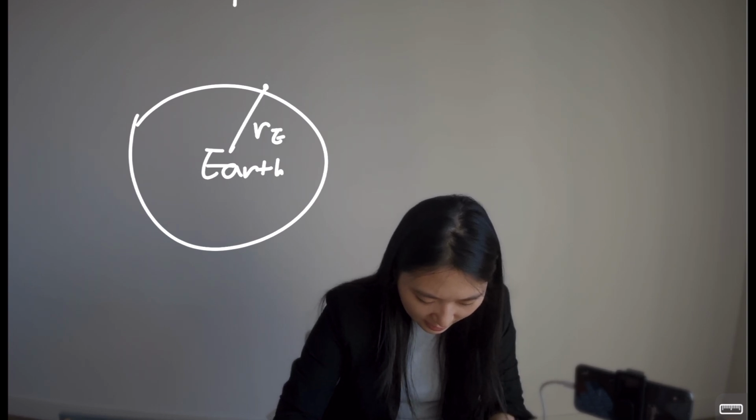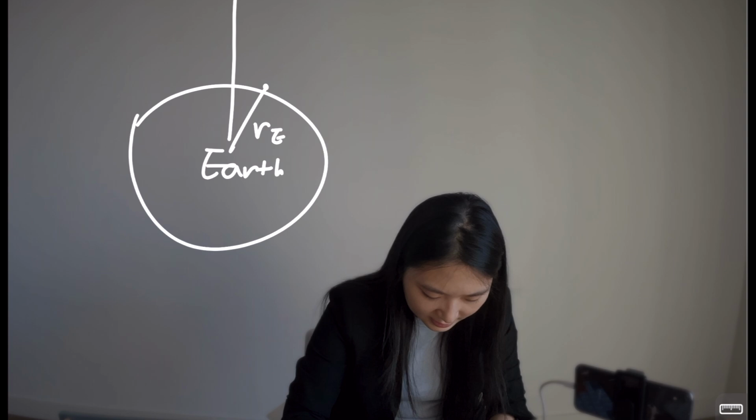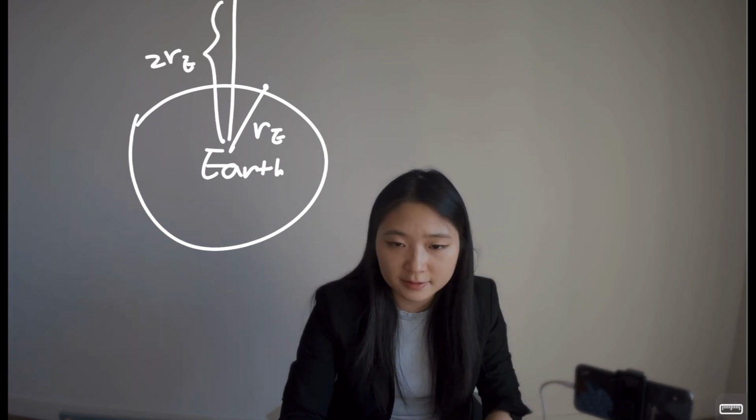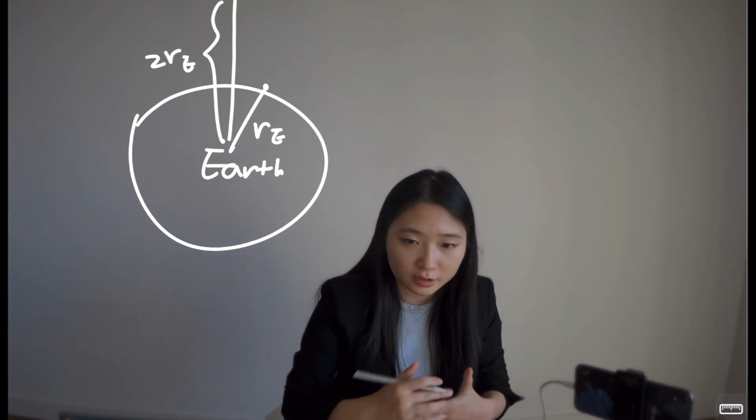Okay, so for example, let's say this is the top of the Earth and this is the radius of the Earth, and some object is twice the radius of the Earth away from the center of the Earth.